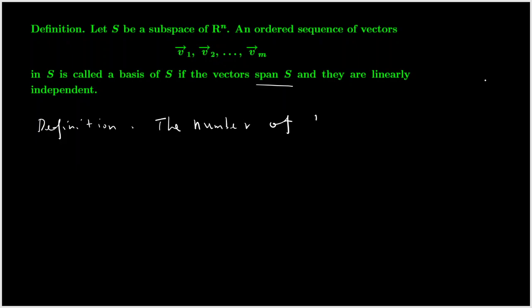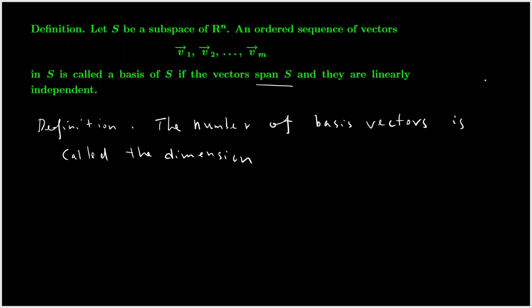The number of basis vectors in any basis is called the dimension. We're talking about the dimension of a subspace.